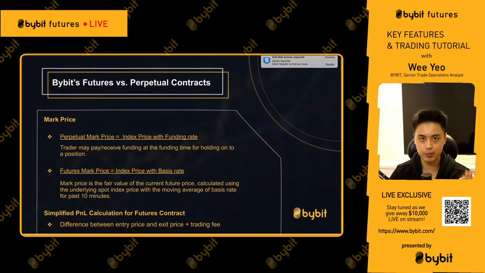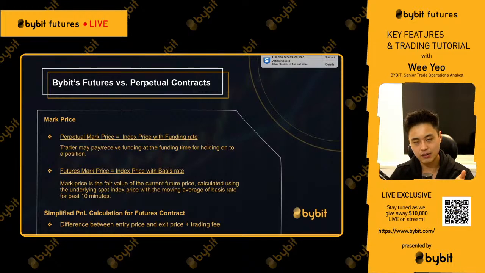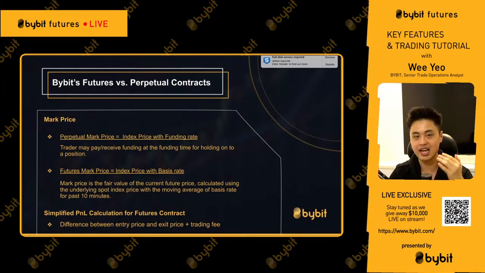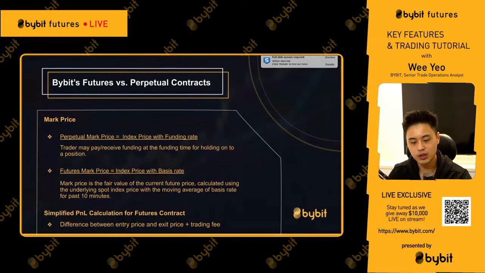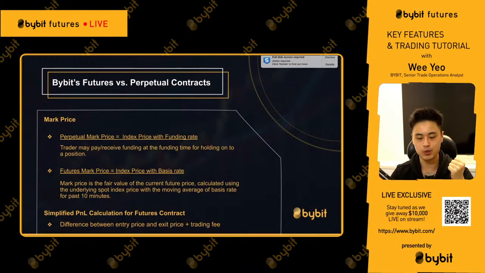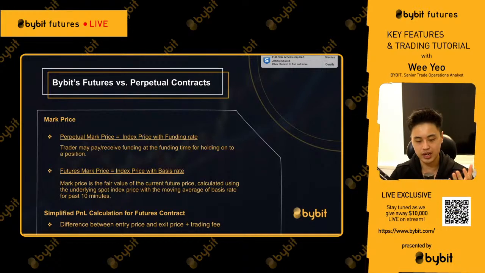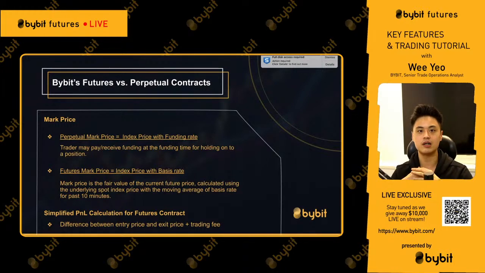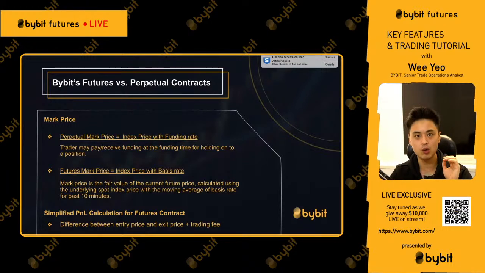For the futures mark price, since there is no funding, there is an expiry date and a predetermined time and a predetermined price. The calculation for the mark price is the index price with a basis rate. The mark price, as we know, is a fair value of the current futures price, calculated using the underlying spot index price.